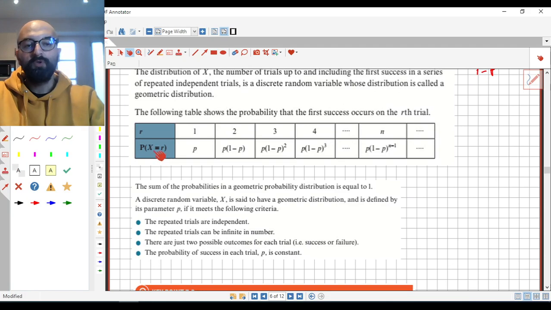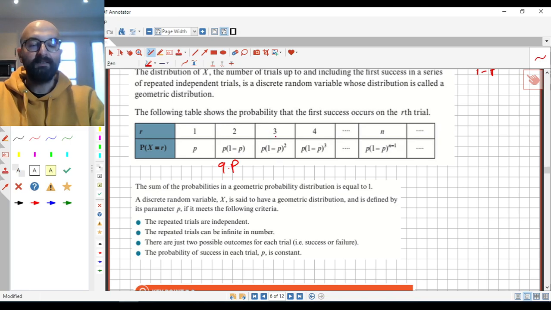And if you look at this table, for the first trial, if you want a success, the probability is P. But if you want to get success in the second trial, the first has to be failure, the second has to be success.